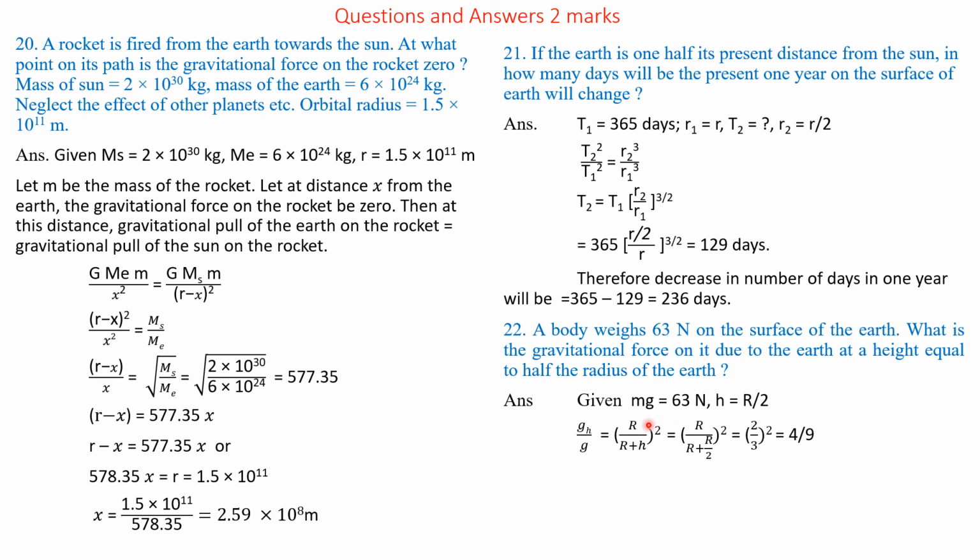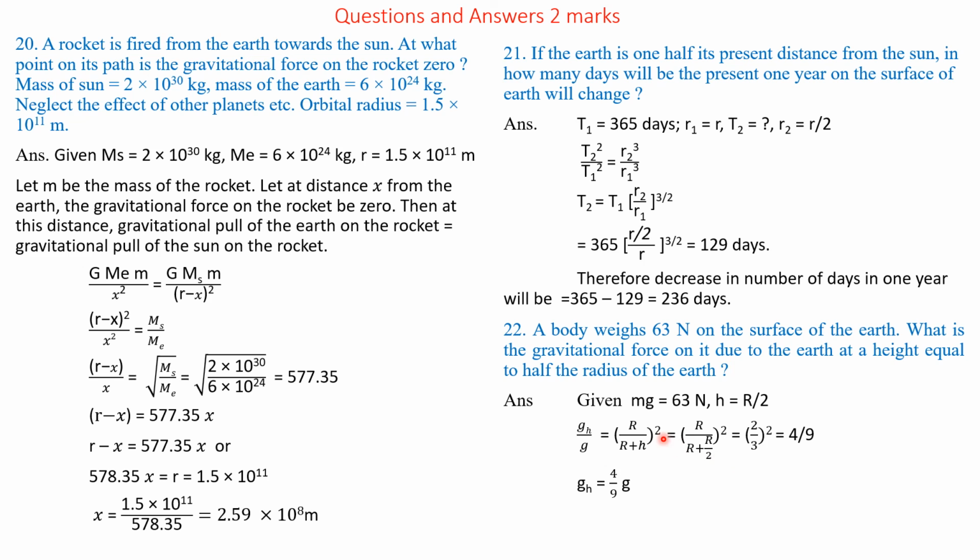Therefore, gh divided by g is equal to (R by R plus h) whole square. Because height is equal to half of the radius, the right hand side term is (R by R plus R by 2) whole square. That is equal to (2 by 3) whole square, that is equal to 4 by 9.